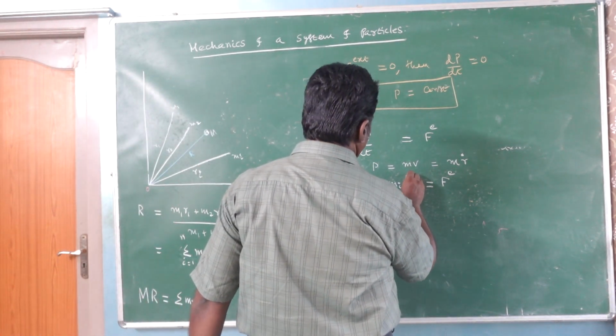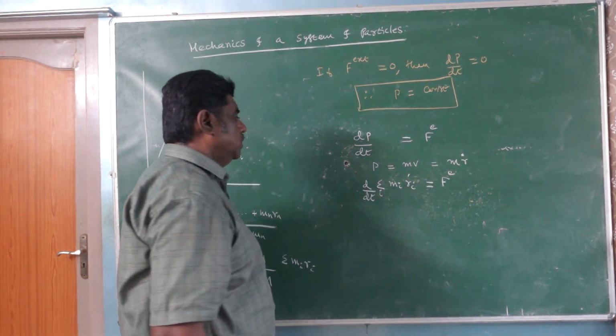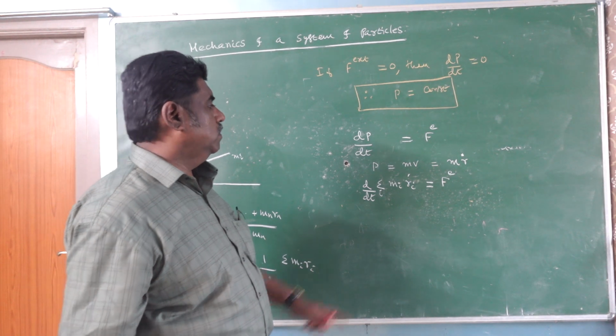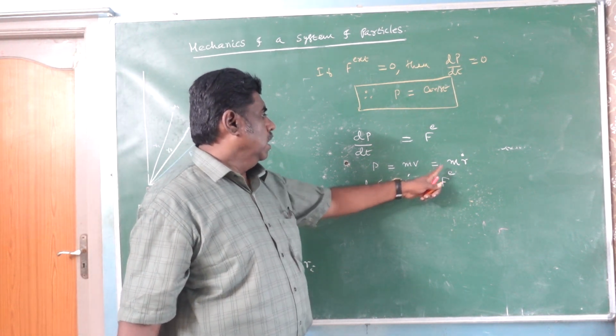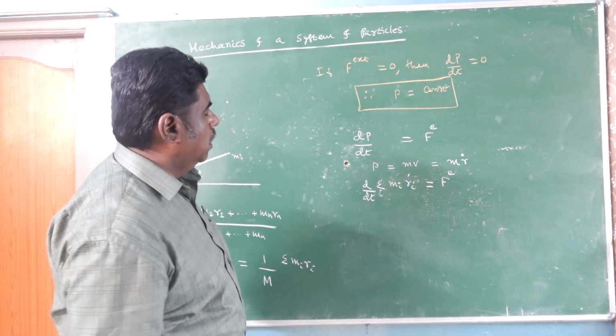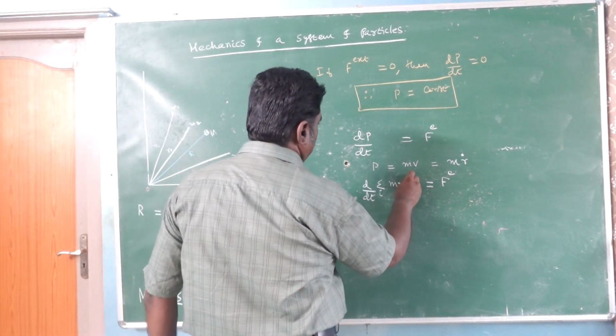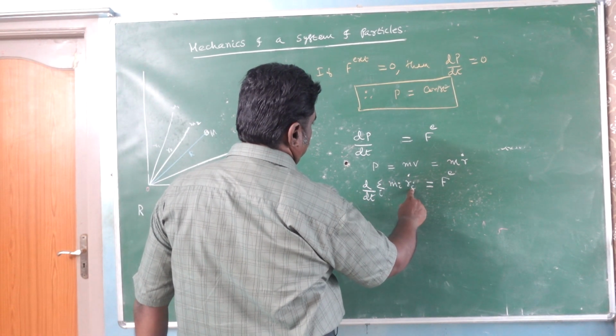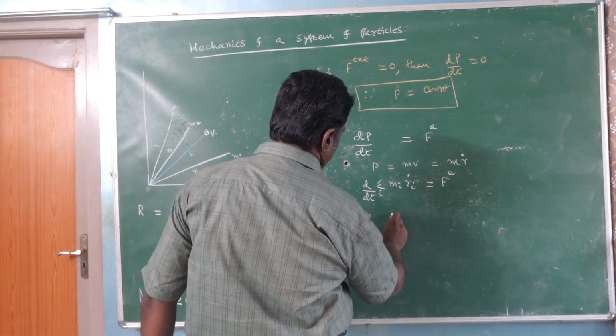This ri single dot, because rate of change of momentum is our force, mi ri dot is our p. d by dt of ri single dot is ri double dot.